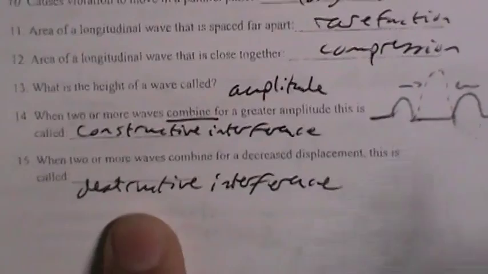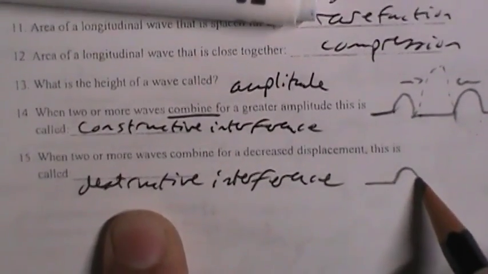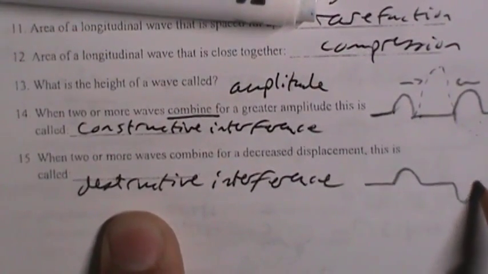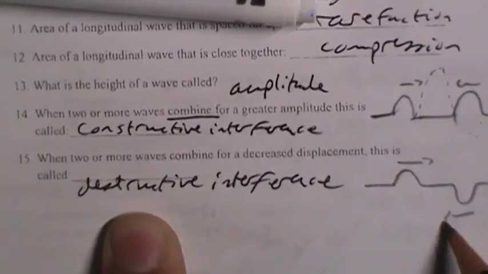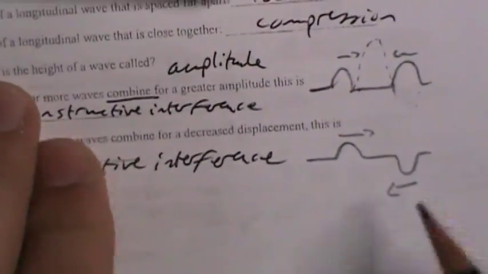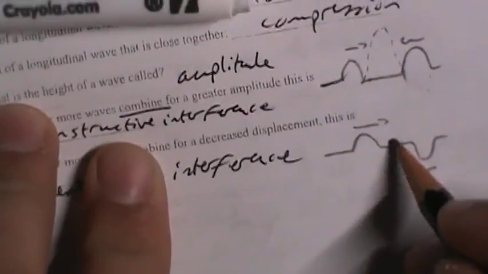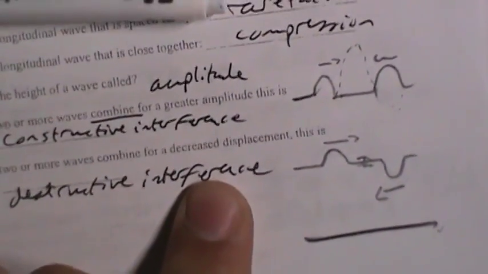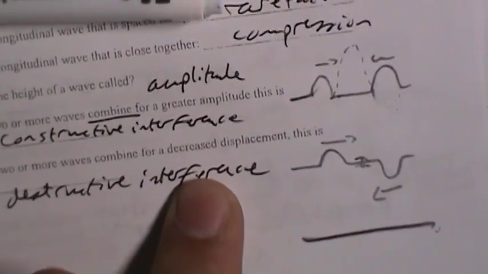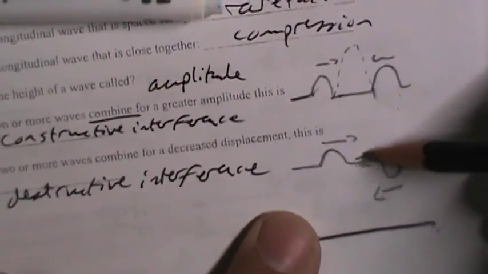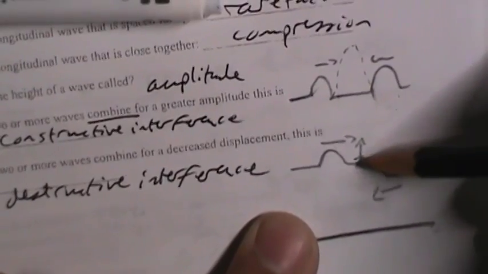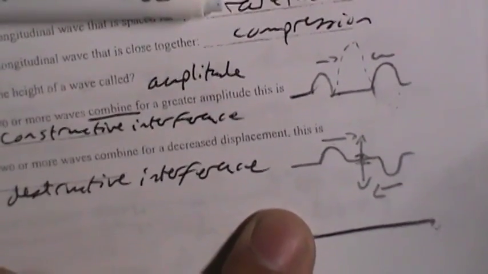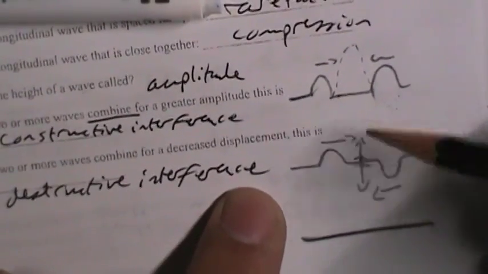Now the opposite is destructive interference, which is what I started to draw there. The waves are traveling in opposite directions, have opposite amplitudes. When they meet in the middle, nothing is going to happen. In fact, it's going to appear to go totally flat as the waves pass through each other, and this wave tries to pull up while this wave tries to pull down by the same amount, and absolutely nothing is visible at that point.